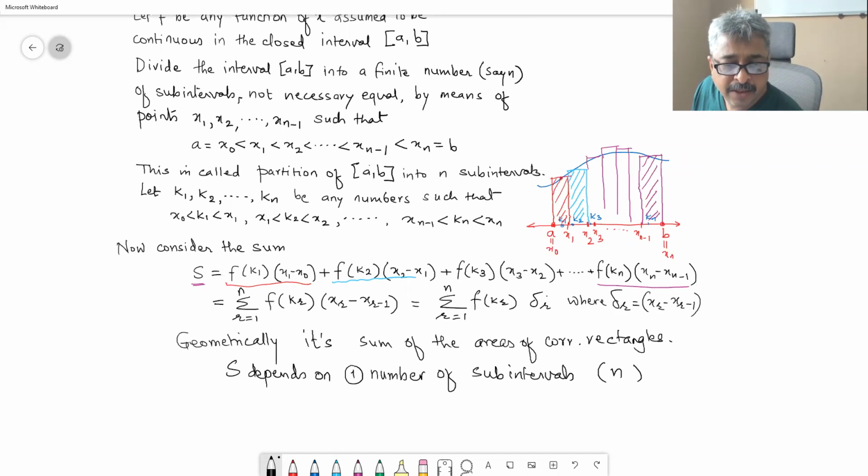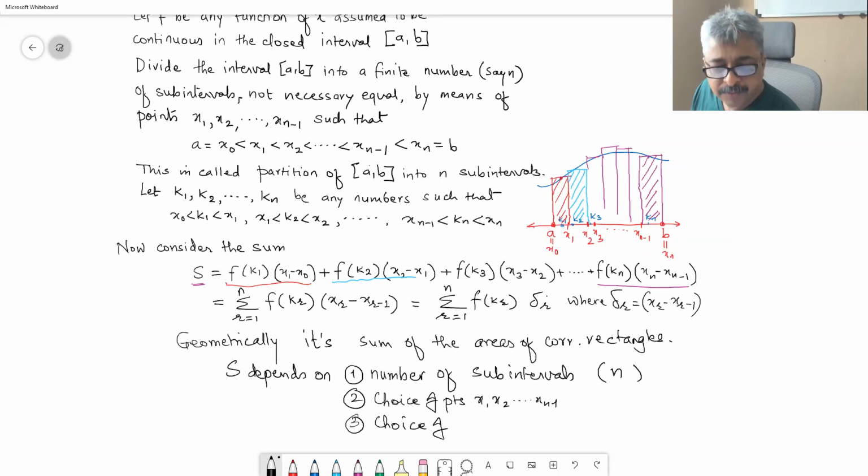S depends on n. Second, S depends on the choice of points x1, x2, xn minus 1. And third, the choice of ki's, the point within the subinterval. Which point you choose, the value of S will depend on that.